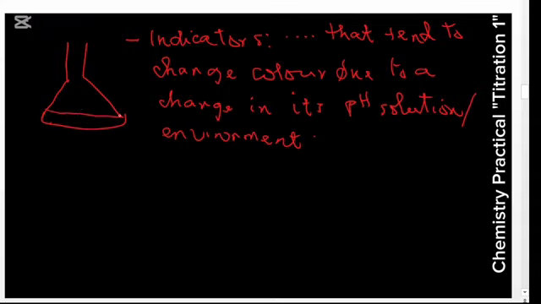So meaning that what these indicators do is that they have colors, okay, and they have the ability to change their color when they are found in different pH values.